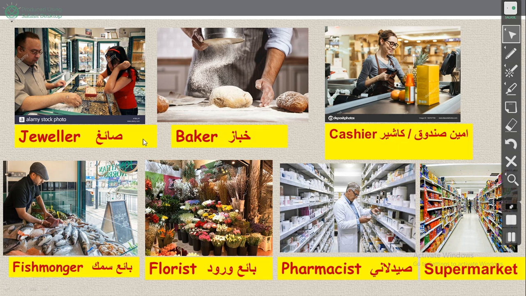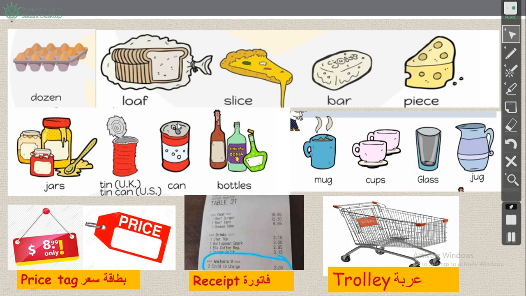And you should memorize the meaning of these words, okay? And here we have some words about what? About shopping or the containers. Containers means الأوعية, وعاء. Okay? Some of them are containers, and we have other words that we use in shopping. For example, we have dozen. What's the meaning of dozen? دزينة, 12, right?